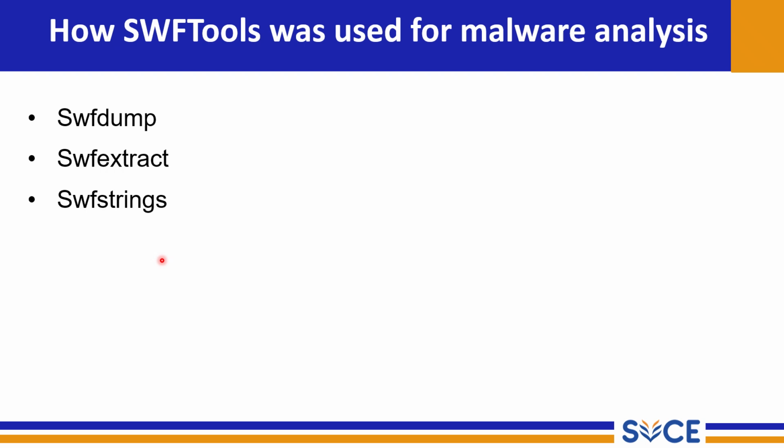While SWF tools was a primary command line option, other tools like the JPEXS Free Flash Decompiler offered a graphical interface for SWF analysis. A command line tool suite called SWFRE tools was also developed specifically for reversing and analyzing malicious SWF files.